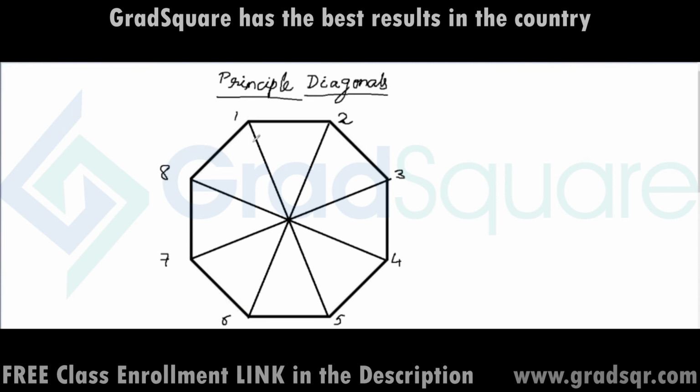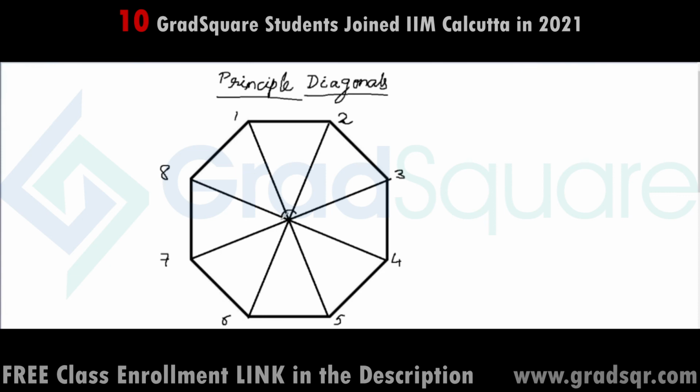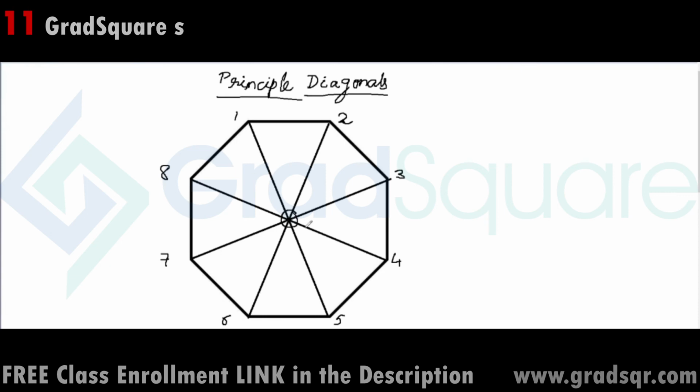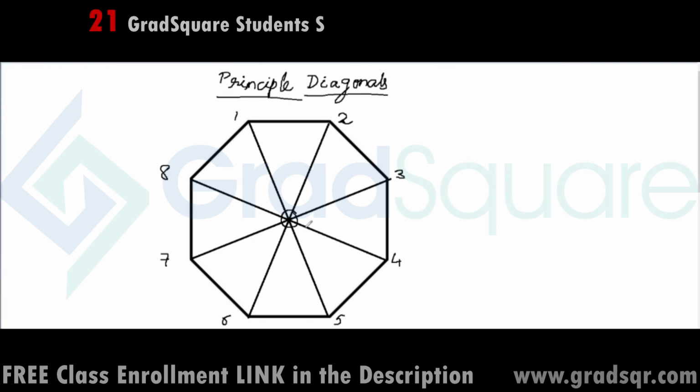And if we look at this figure now, it becomes very clear that all the principal diagonals are concurrent. Concurrent means they cut each other at the same point. This point of concurrency of the principal diagonals of a regular polygon is called the center of the polygon. And the center of a polygon only exists in the case of regular polygons with an even number of sides.